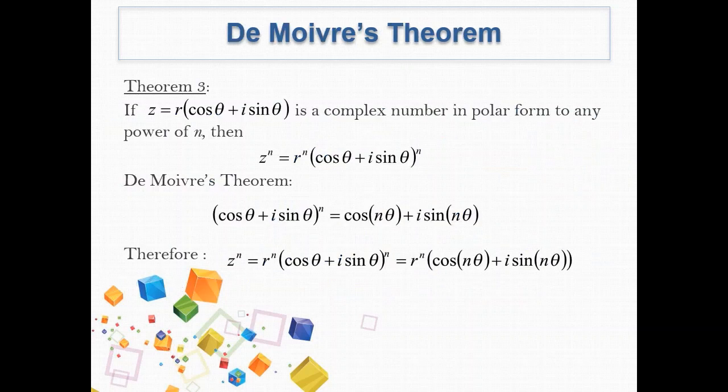It is about De Moivre's theorem. De Moivre's theorem is the theorem that allows us to find the power of a complex number, z to the power of n, where our complex number z is expressed in polar form. The condition is that it is expressed in polar form, and then you can apply De Moivre's theorem.